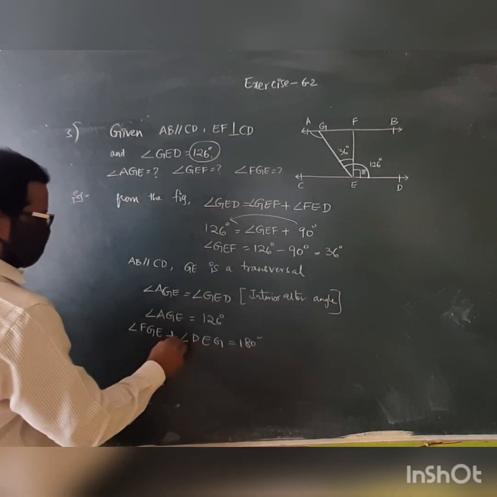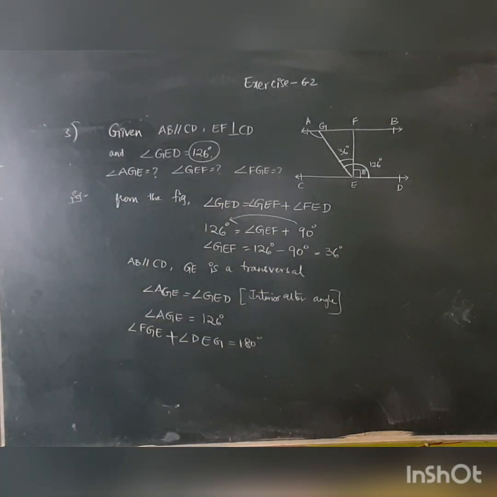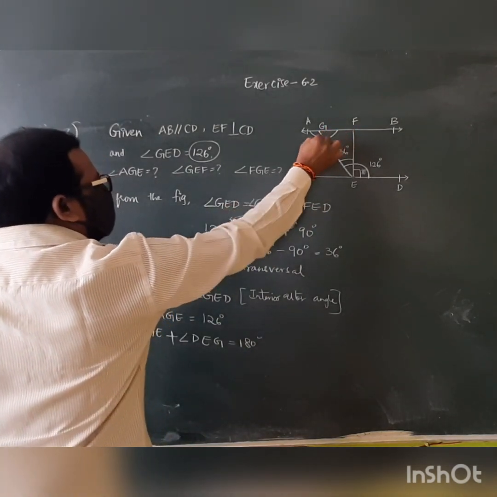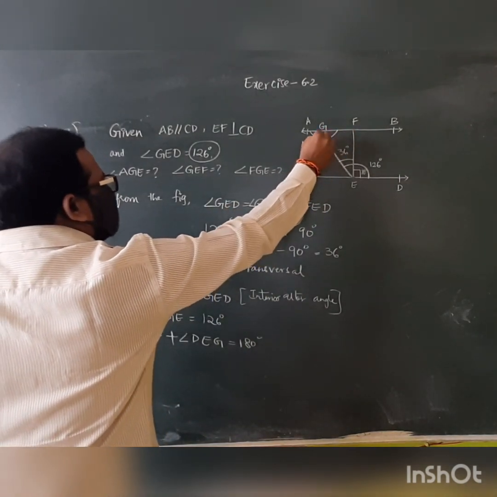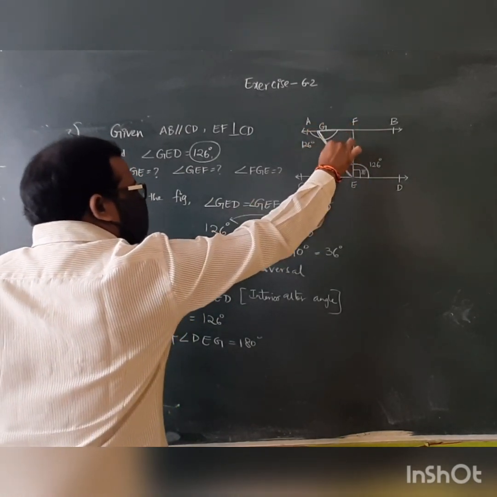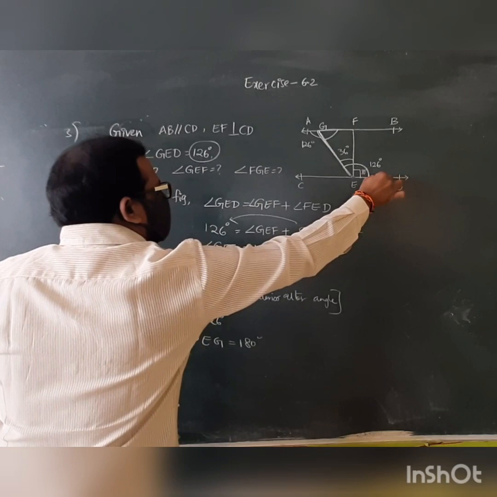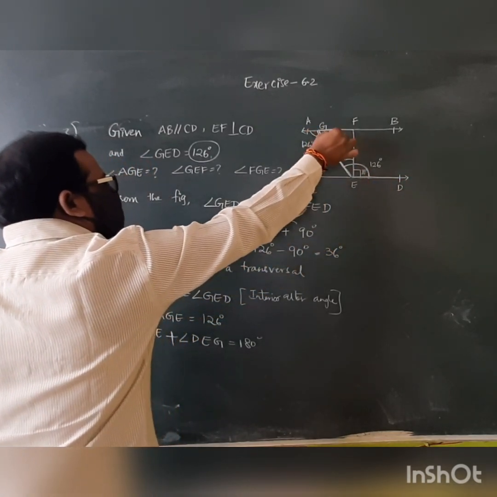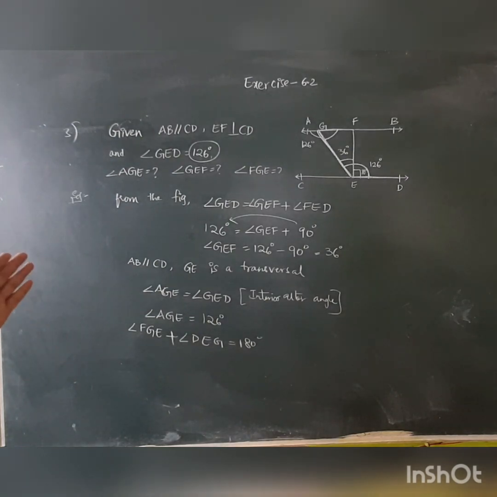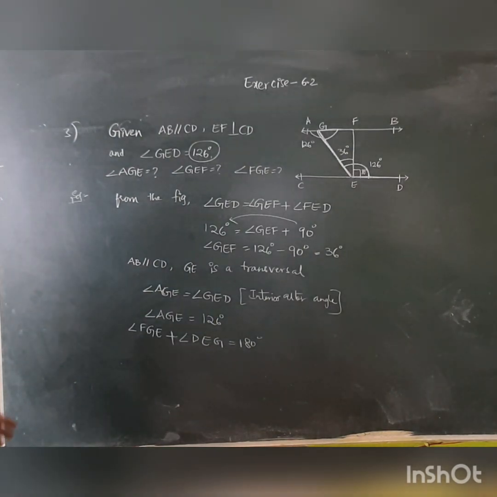When we add these two, we get 180. FGE and DEG are angles that lie on the same side of the transversal and are interior.